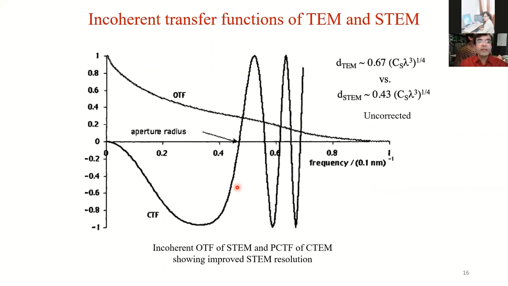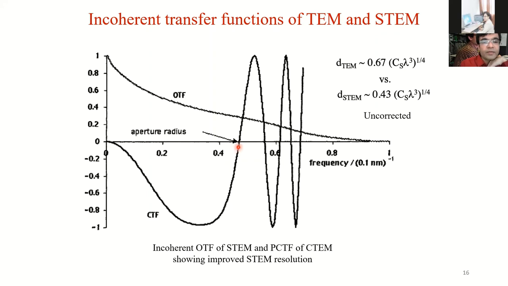In STEM, this is the optical transfer function, and this is the phase contrast transfer function for conventional TEM. You can see here the first 0 is just before 0.5 per nanometer.